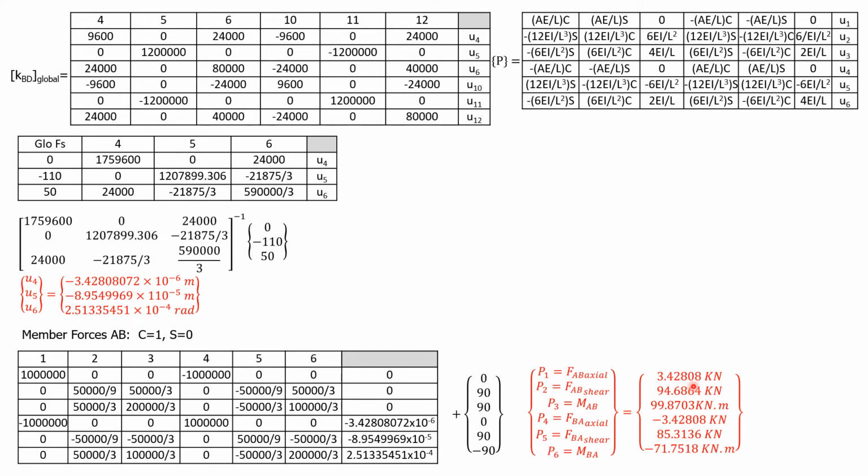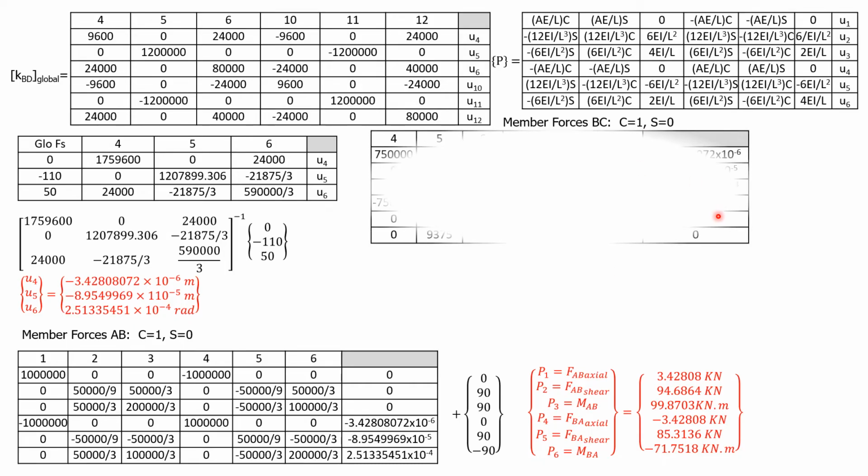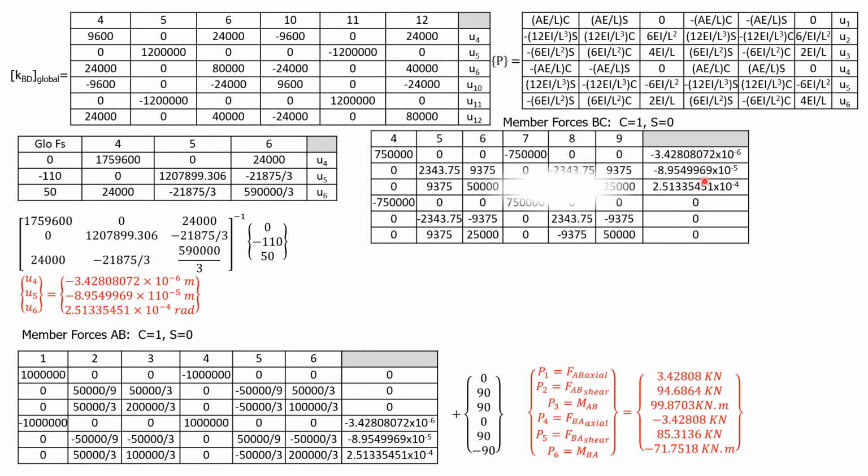Take note of these results because I'm going to compare this with the software results from RISA later. Then for member forces BC, cosine is 1, sine is 0. And we have U4, U5, U6, U7, U8, U9, which are all zeros.